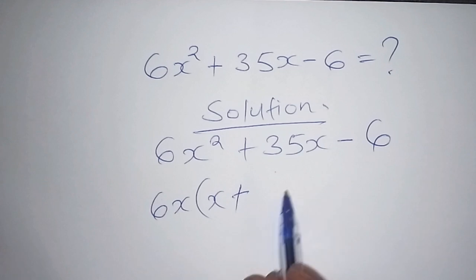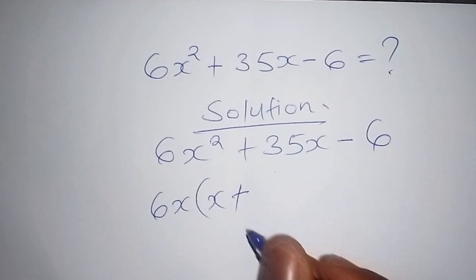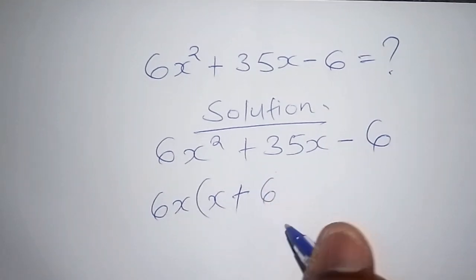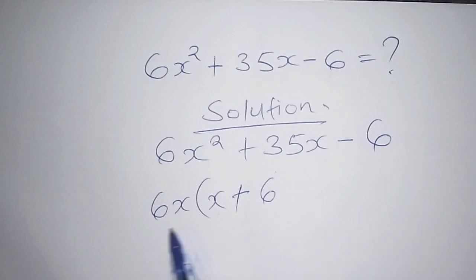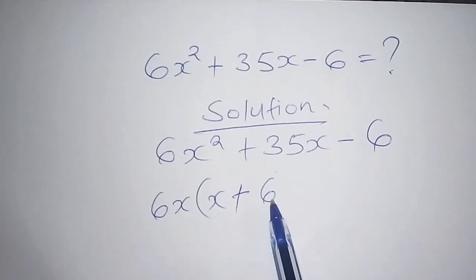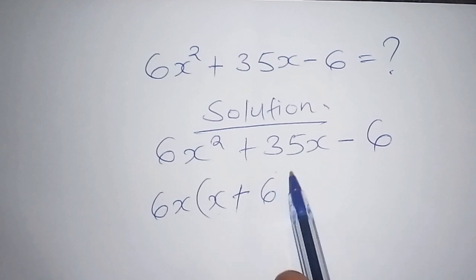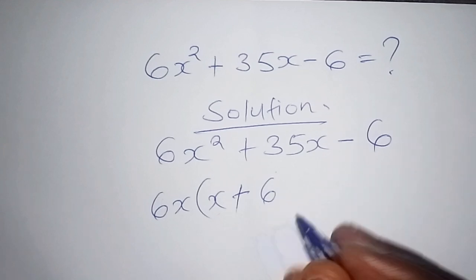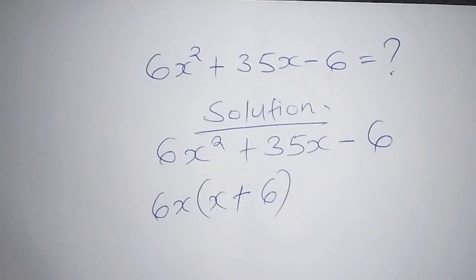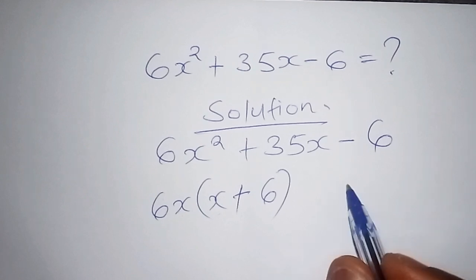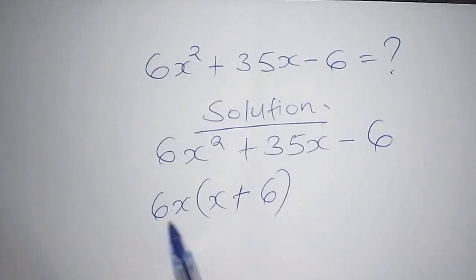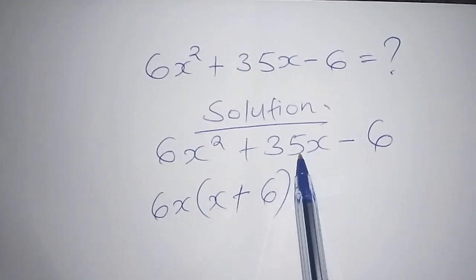So we shall pick that 6 for the meantime, and then we say x plus 6. So 6x plus 6 will give us 36. I'll explain why we have chosen this one. Into bracket. Now we are moving to the next. Remember, we have 6x times 6, that is 36x.